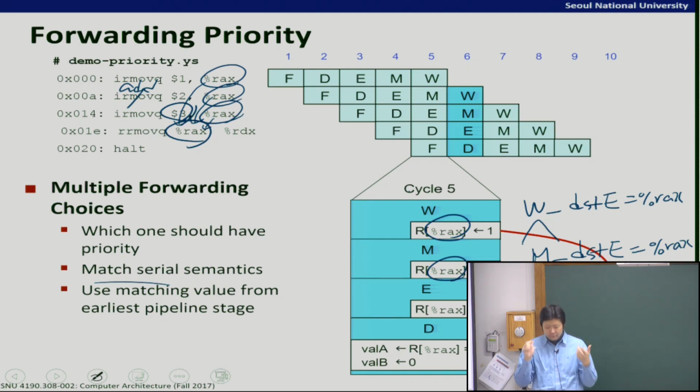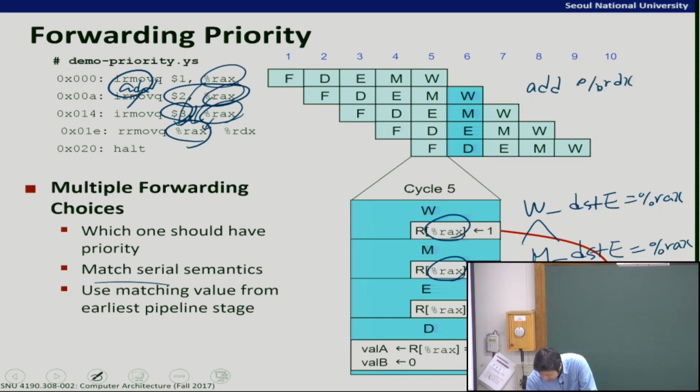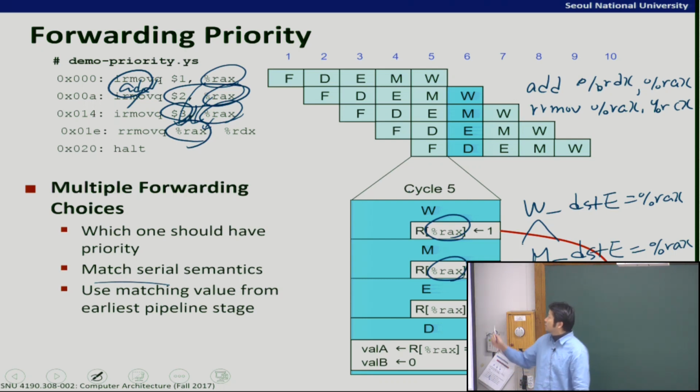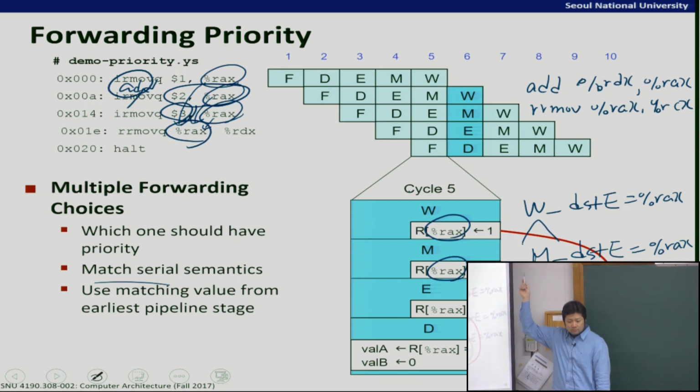So if you actually execute, let's take a concrete example. Let's say in this case, add rdx, rax, followed by rr move rcx, for example. Maybe this is the example you mentioned.